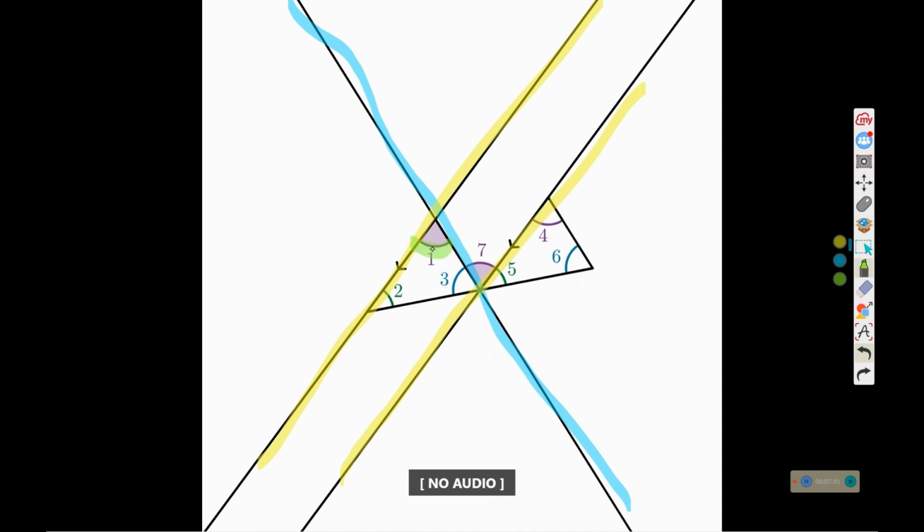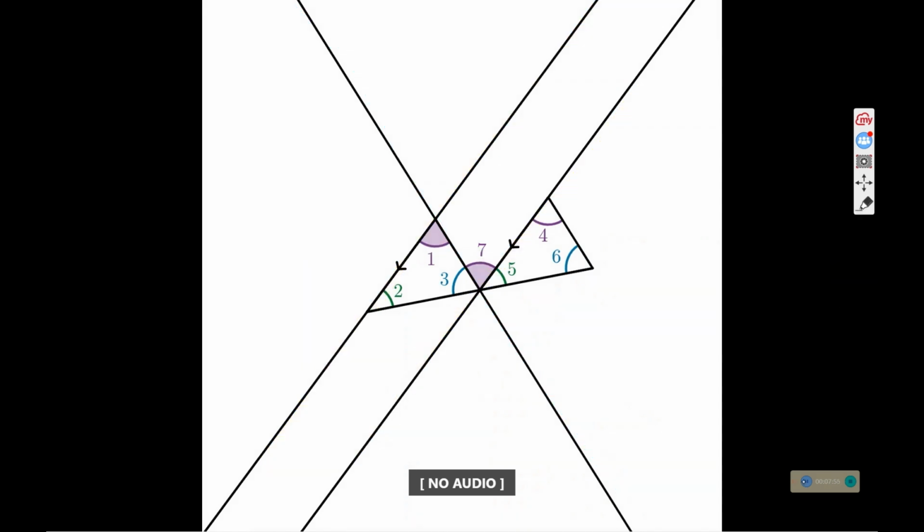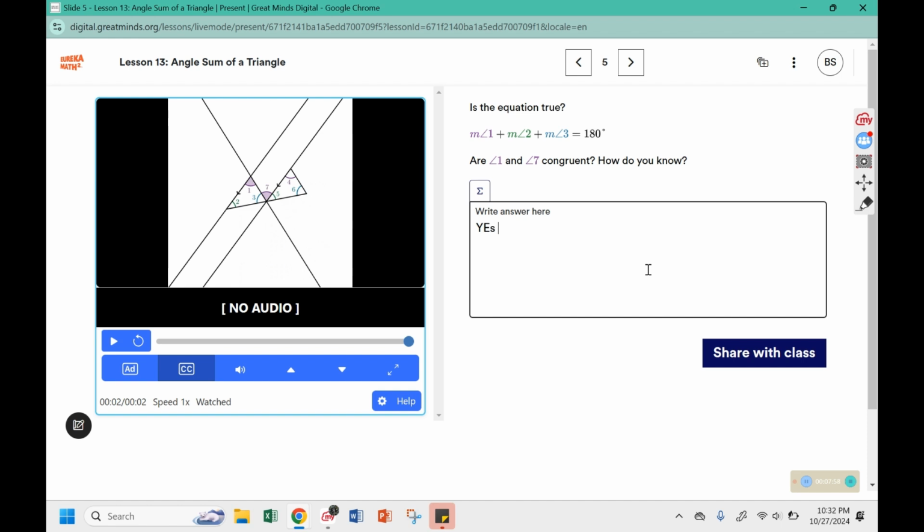They're on opposite sides of the transversal and between the parallel lines, so they are alternate. Inside would be interior. So they also have the same measure. They are alternate interior angles.